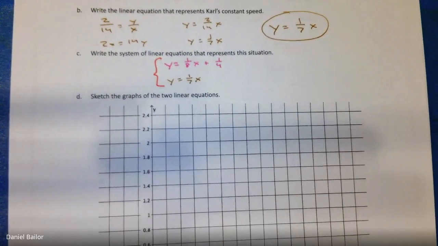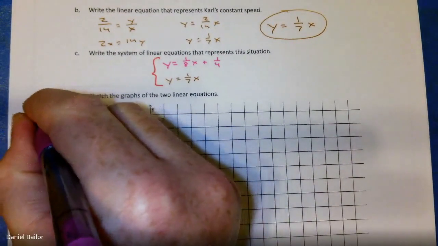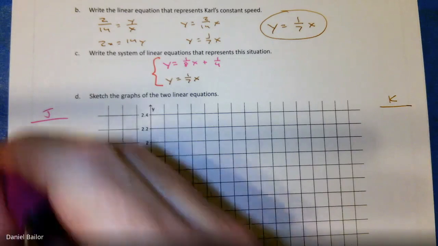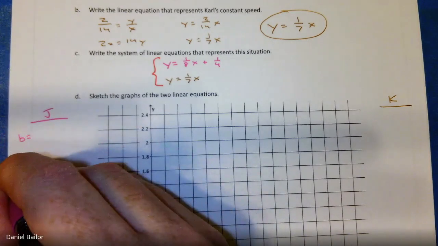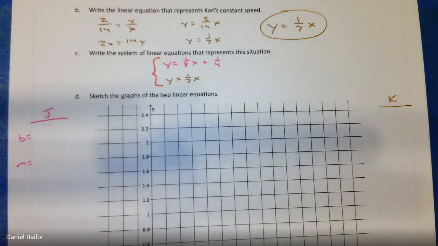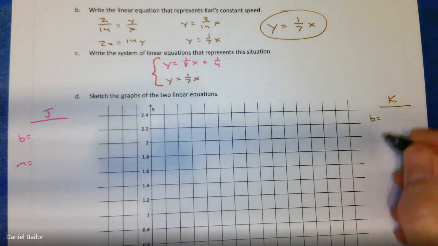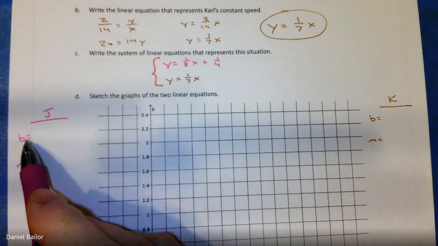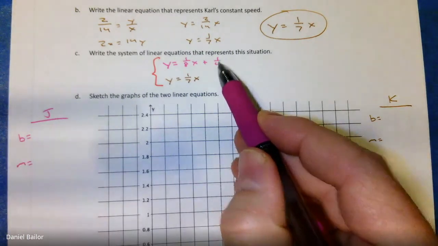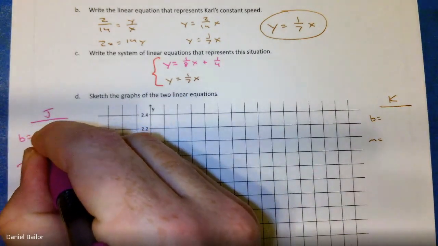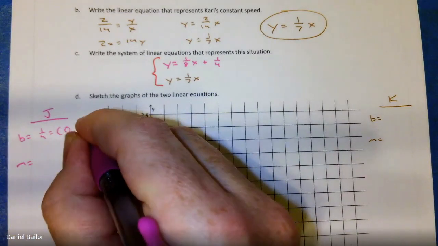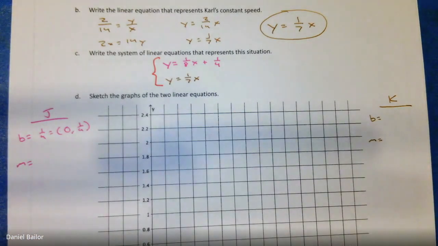Now, when we sketch again, remember we have Jessica and we have Carl. And to graph these, we need to know slope-intercept form: M and B, the slope and the intercept for both of them. So Jessica's y-intercept is 1/4, which means it is 0, 1/4. That's where it crosses the y-axis.